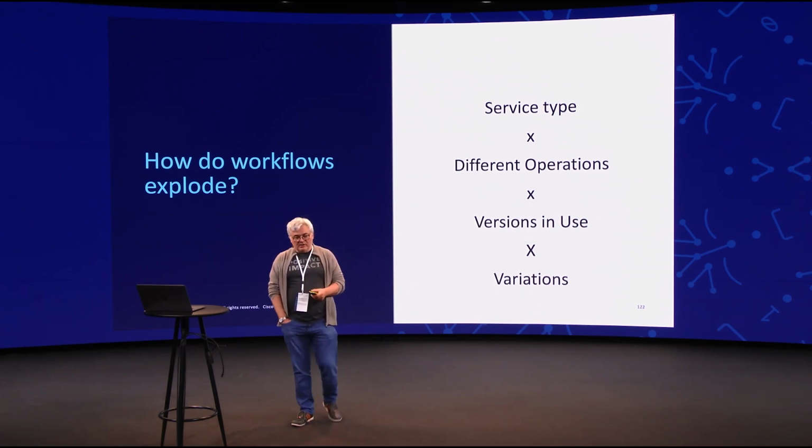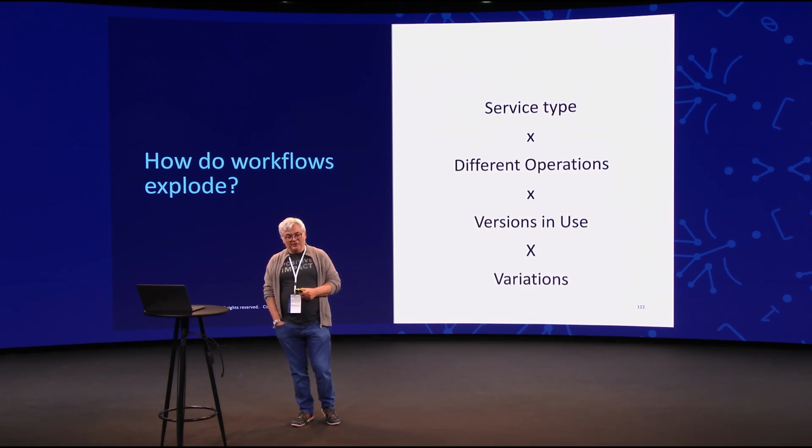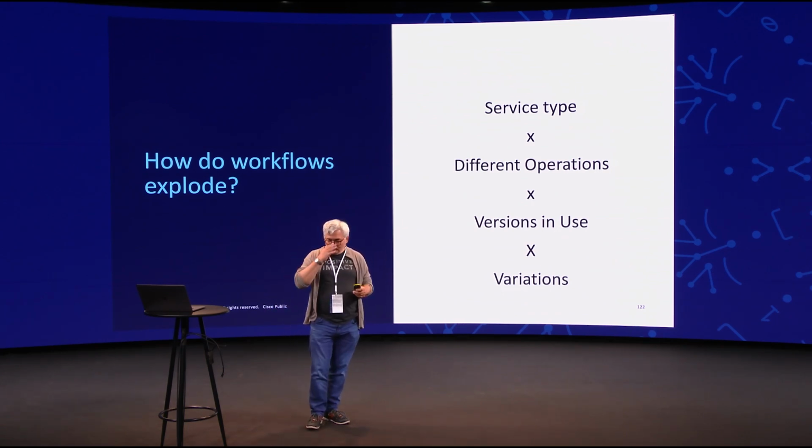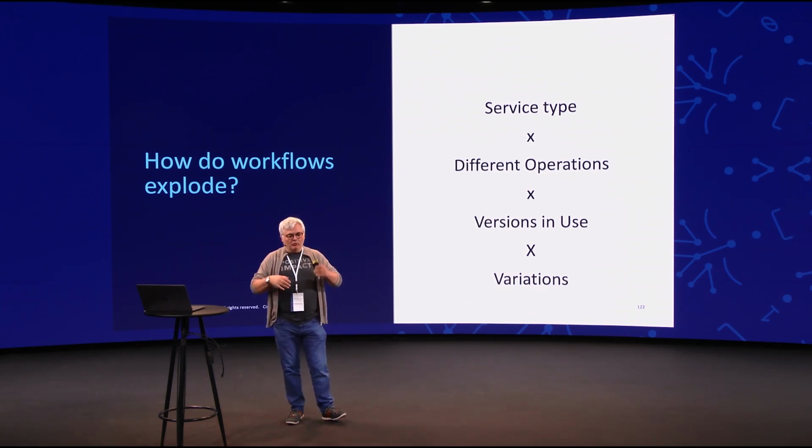And I think it's common that we have workflow engine tools where we want to express a workflow, and then we find that we need small variations, and then we go and change the workflow.